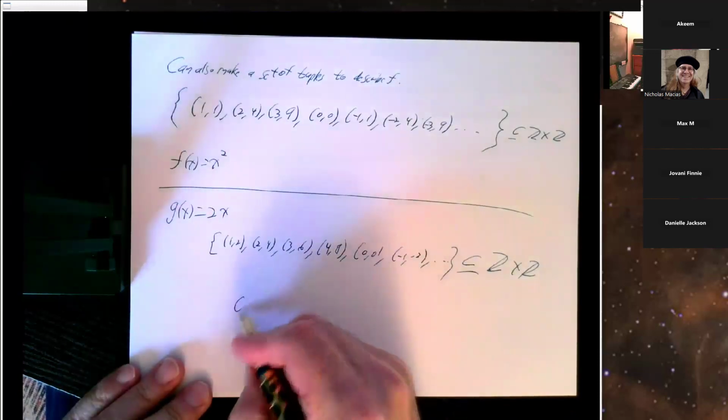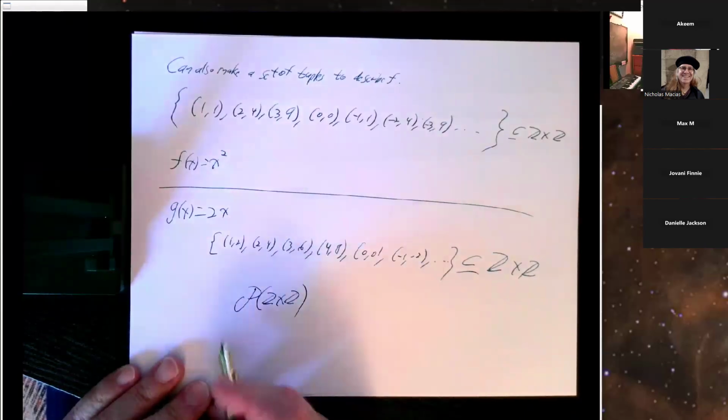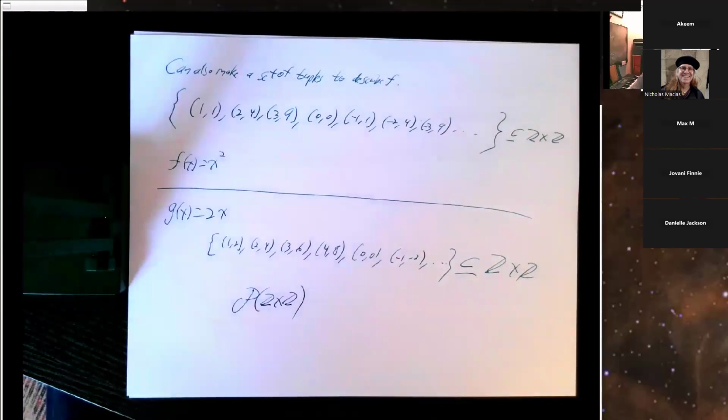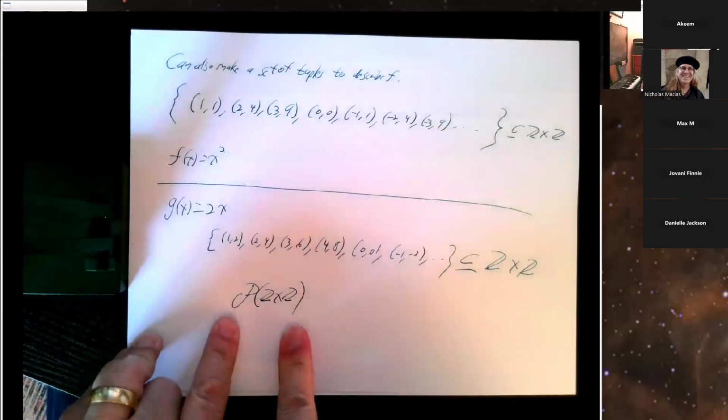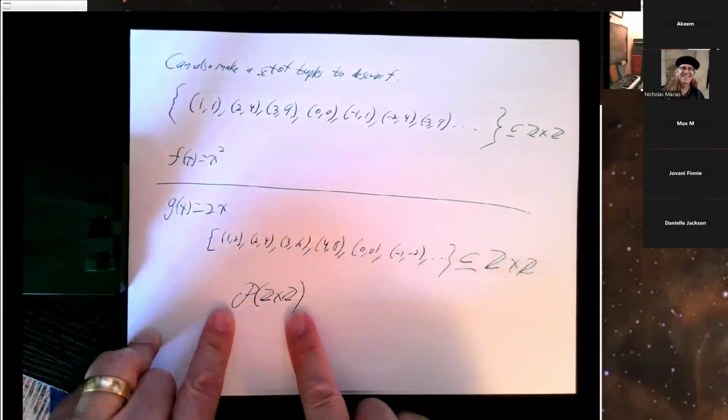So if I just write this, the power set of that Cartesian product, this is the collection of all subsets of Z crossed with Z. So this one set here contains every possible function I can think of that maps from the integers to the integers.